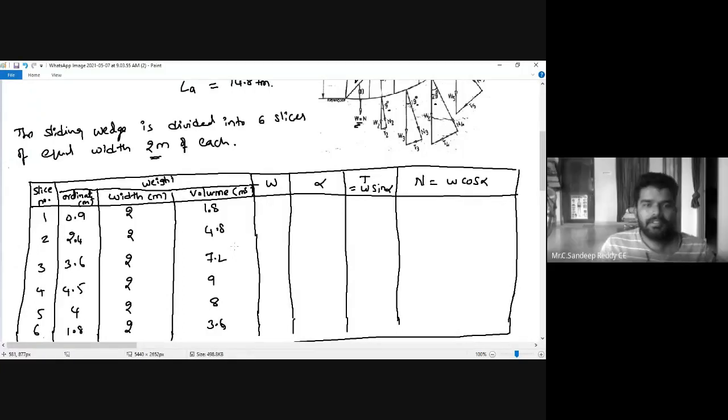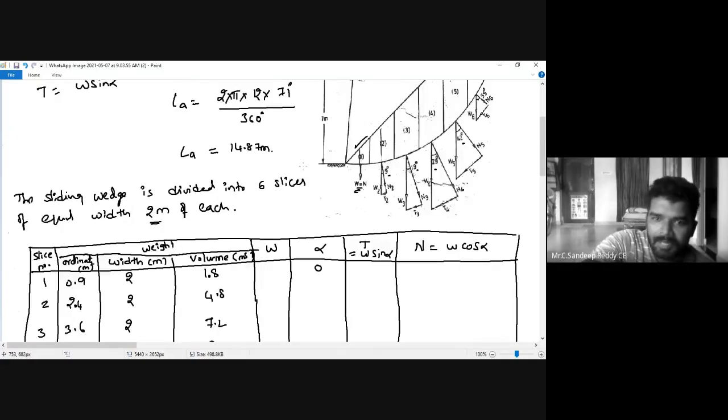Now we have the next, fifth column. W is there. To calculate W, before that you should have alpha. What is alpha in the first one? First slice, alpha is equal to 0. Alpha is equal to the angle made between the normal reaction and the weight. The first one has the same direction, so that's why the angle is 0. The second slice has 9 degrees, that you see in the problem figure.